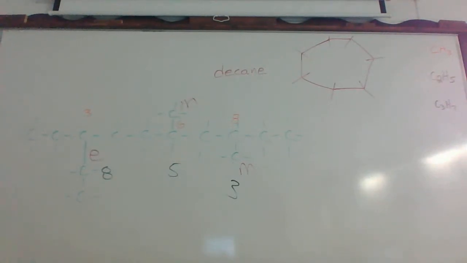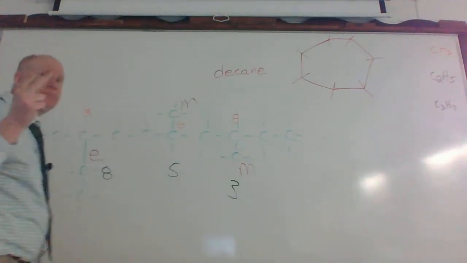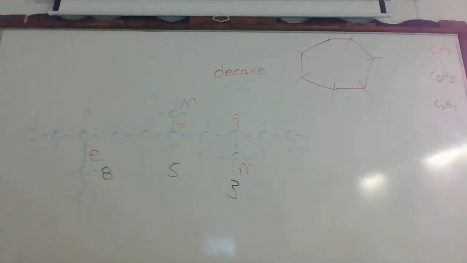All right. So now the next thing we need to do is put them in alphabetical order. Okay? So we begin with what? What comes first? E or dimethyl? Because there's two of them. Ethyl does. We established that on our last example. Okay, so we got 8-ethyl.